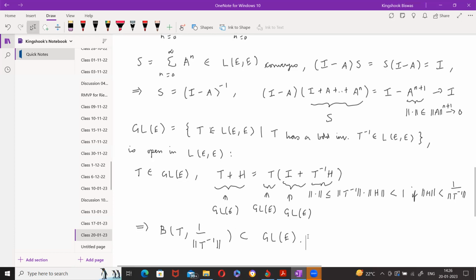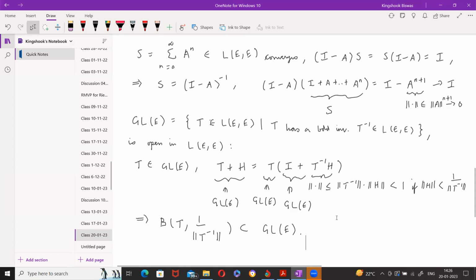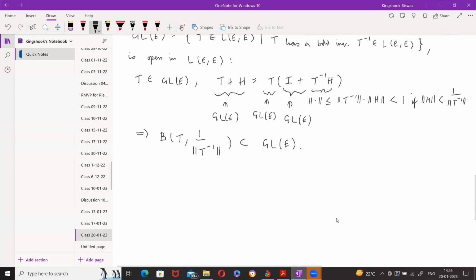Okay, fine. Now I look at this map F from GLE, which is an open subset of L(E, E), to L(E, E), T goes to T inverse.